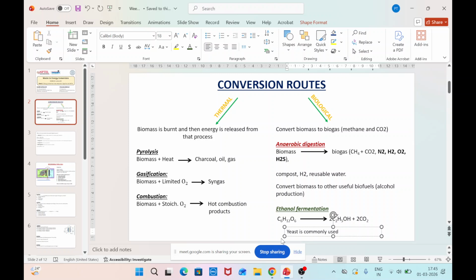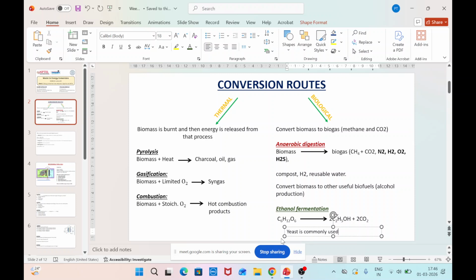If you use gasoline alone, the amount of vehicular emissions that you obtain will be much greater compared to using an ethanol plus gasoline mixture. So in order to reduce vehicular emissions and make the process more environment friendly, we go for using ethanol as a biofuel.